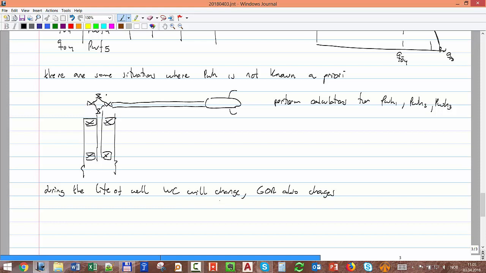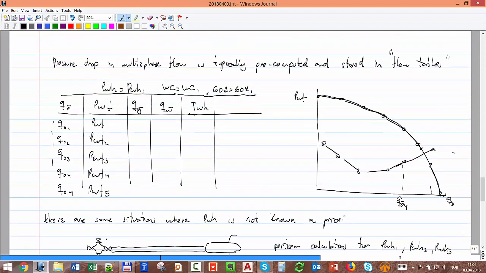So I have to perform calculations for GOR1, GOR2, GOR3, GOR4, etc., and water cut 1, water cut 2, water cut 3, water cut 4, and so forth. So the point being that I have to repeat that table.